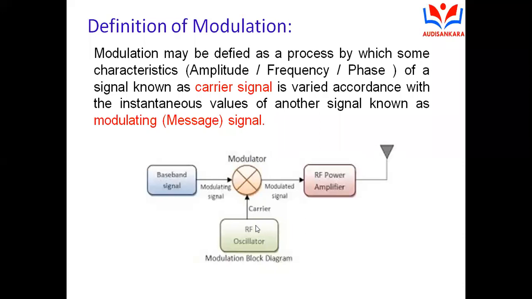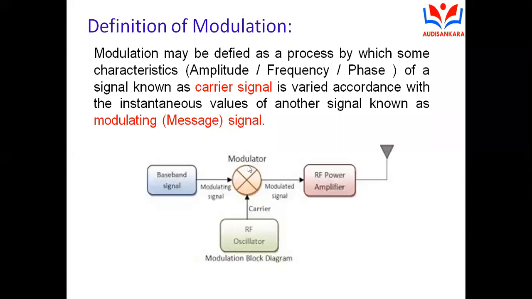Why am I especially considering RF? Because the carrier signal is a high frequency signal, so that is a radio frequency signal. Whatever signal is generated should have a radio frequency, because the carrier is high frequency.